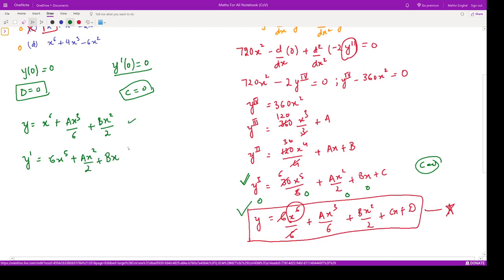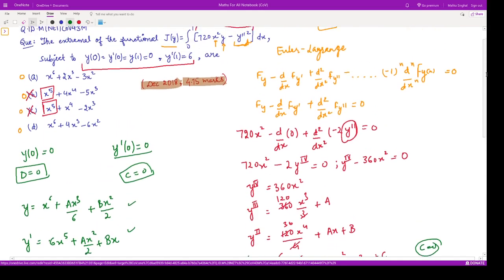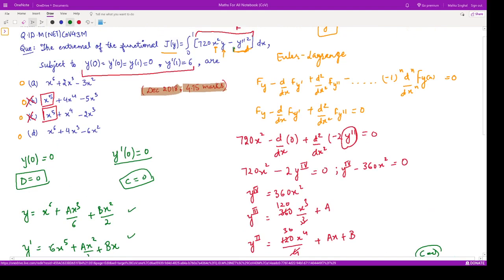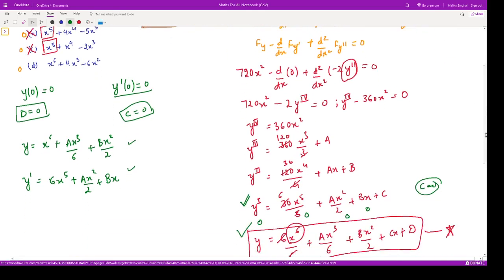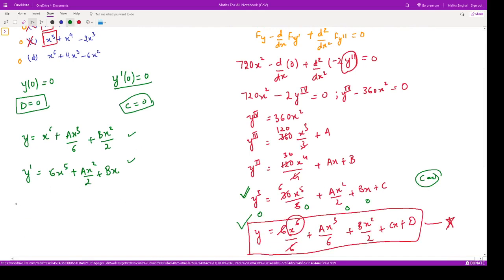So we are left with these two equations. In this case we have 4 boundary conditions, because the maximum derivative here is of order 2. So let us use these conditions: y at 1 is 0 and y dash at 1 is equal to 6. Let us apply these. The condition y at 1 is 0, so substituting here we would have 0 equal to 1 plus a by 6 plus b by 2.